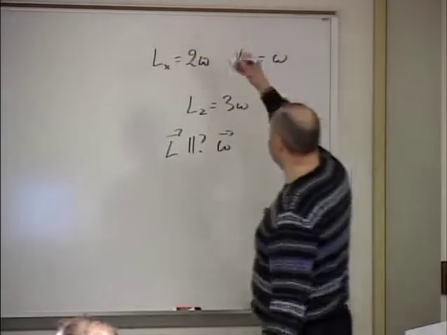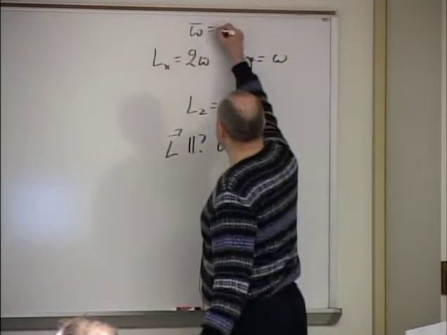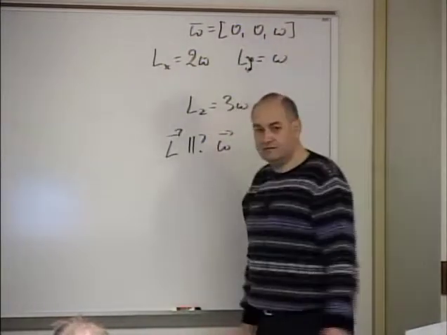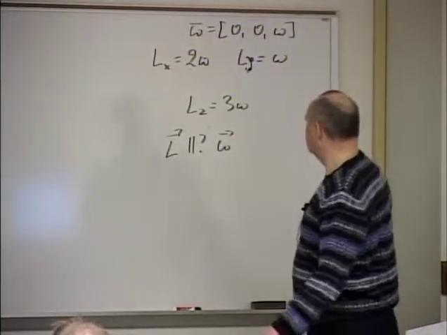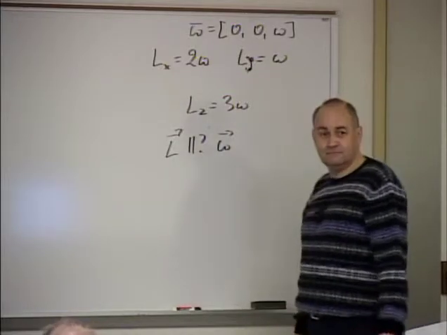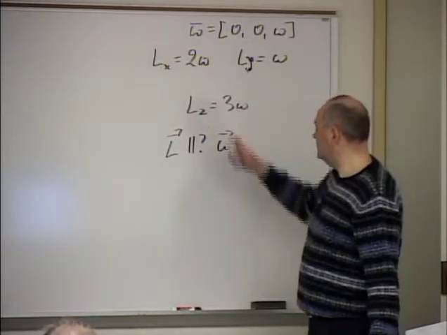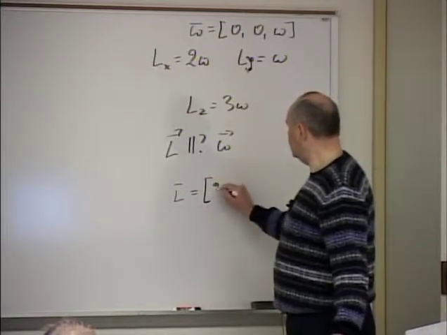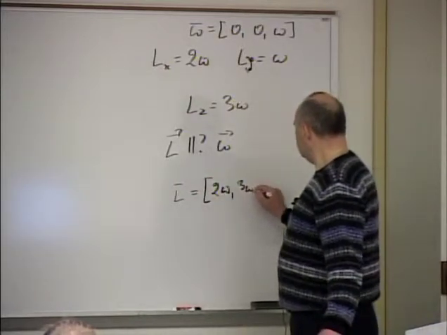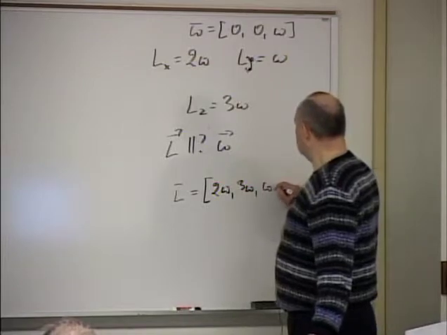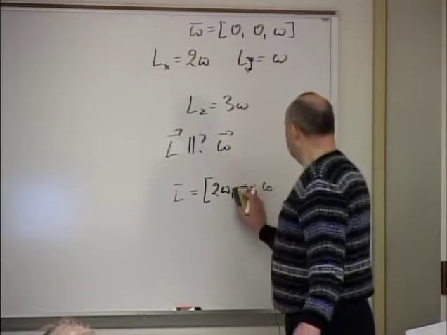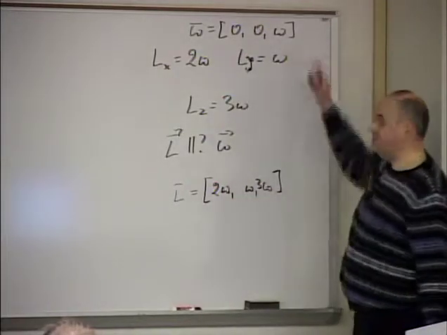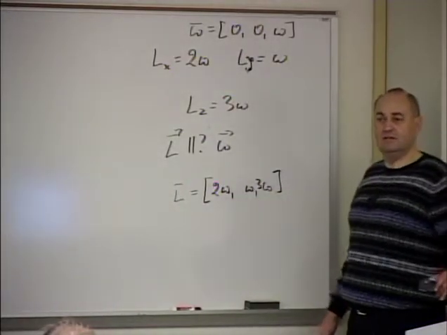Recall that vector omega has scalar components 0, 0, omega. Therefore the scalar components of vector L are 2 omega, omega, 3 omega. Is this vector parallel to that one?